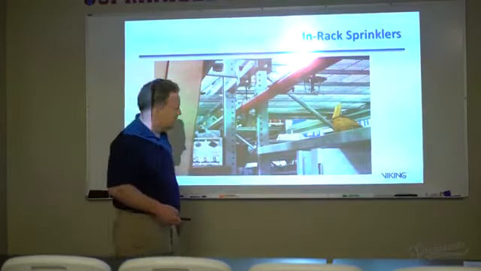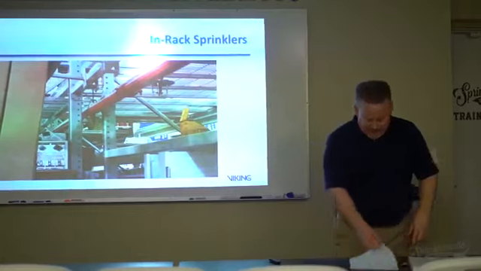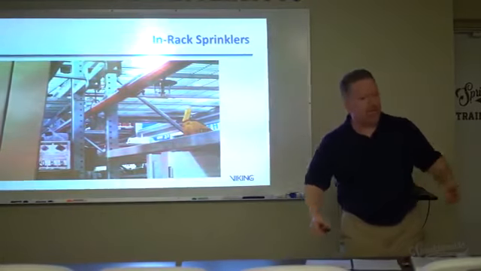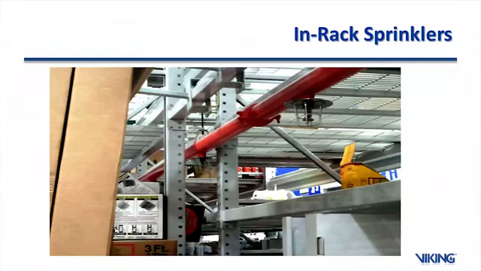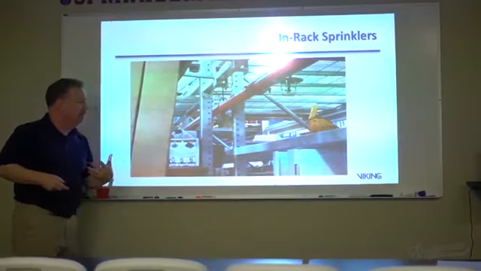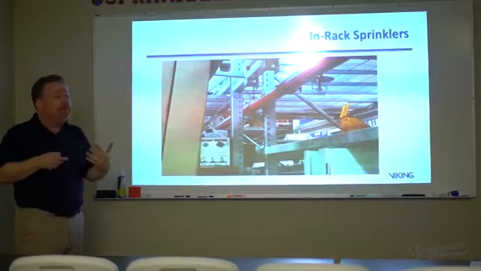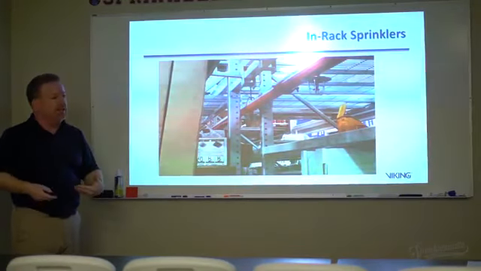Finally, the last item we look at here is in-rack sprinklers. In-rack sprinklers are sensitive to obstruction, so there are some spacing issues you're going to have with them, although they're quite a bit closer than others, mainly because their intent is to drive water down into the racks.